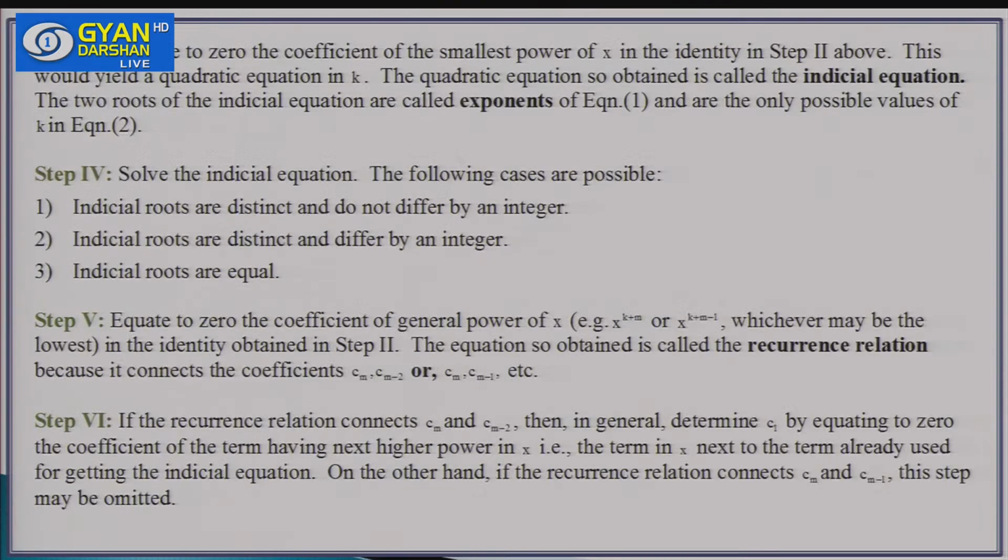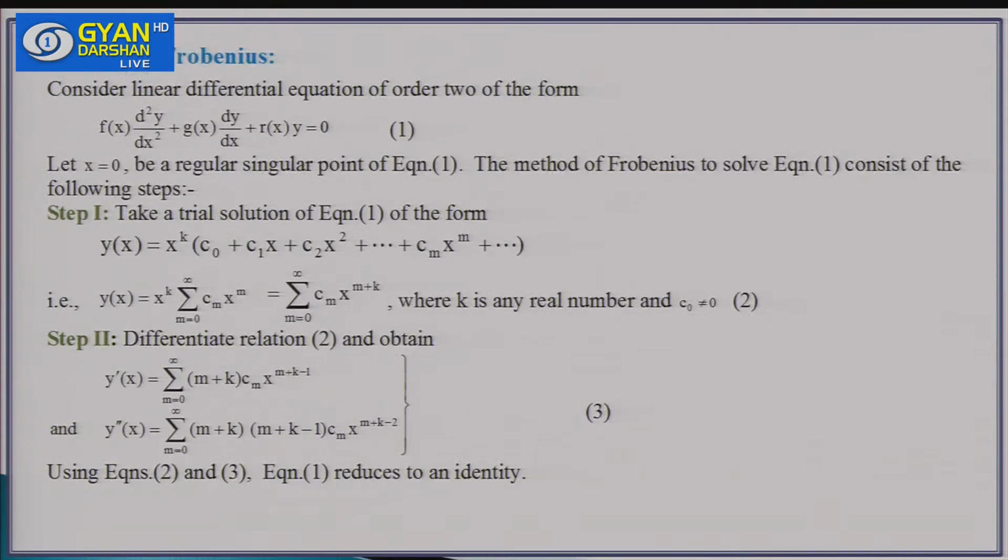If you equate the coefficient of x to the power k on both sides, then you will get an equation, and we call this equation the indicial equation. Why indicial equation? Because from this equation we basically get the value of k, because here we have an extra unknown k. You can see an extra unknown k we have added here in the power series solution.